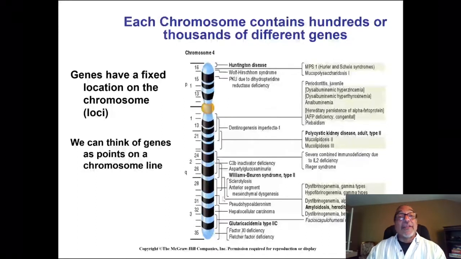Now, the fun part is if we take a peek now at chromosome 4, this is just a typical chromosome. I just chose chromosome 4 arbitrarily because there are a large number of disease genes located on chromosome 4. Some of these have been identified because of pedigree analysis. However, in fact, most of these are identified not by pedigree analysis, but by using molecular and biochemical genetics to identify these particular DNA sequences.